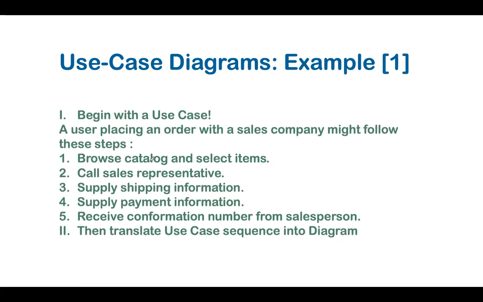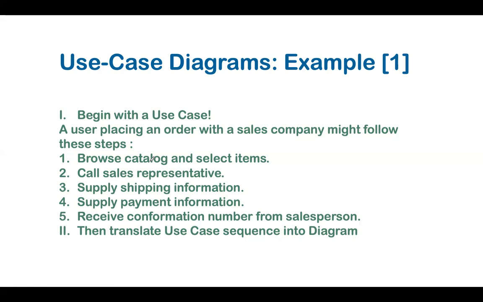Let's assume you have been tasked to come up with a system design for a certain company that deals in selling commodities to customers. So now they want you to automate their system.